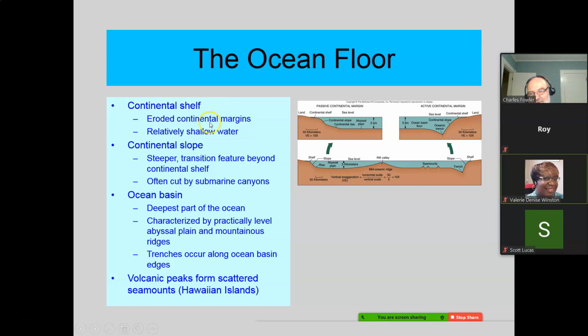The likelihood is at one time or another that was part of the continent, but as the erosion occurred and kept washing away soil, you leave a shelf there that was continent before, but now is eroded away, so now part of it is underwater. This is what that represents here.